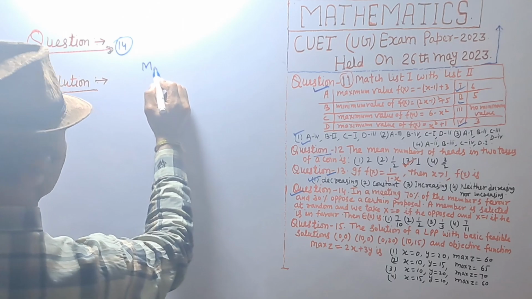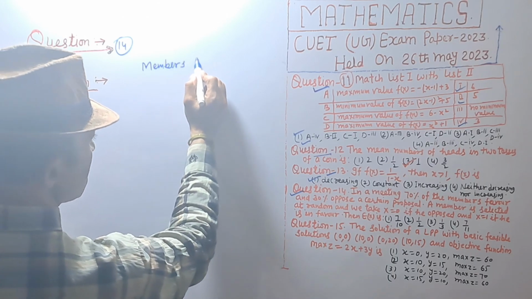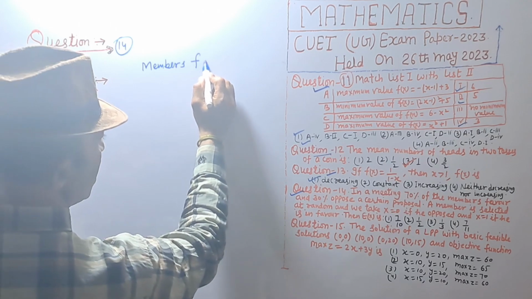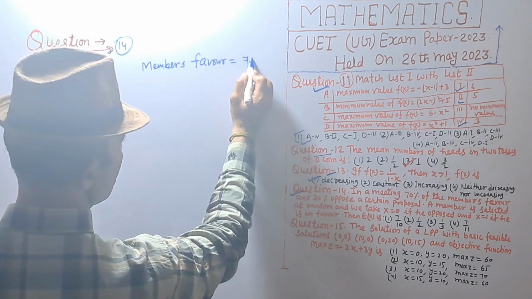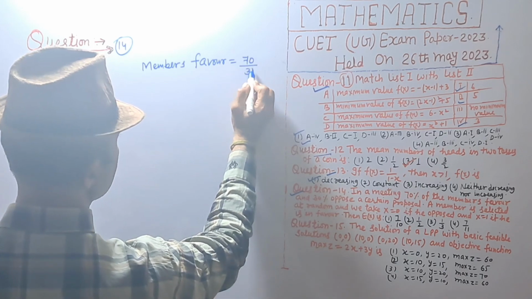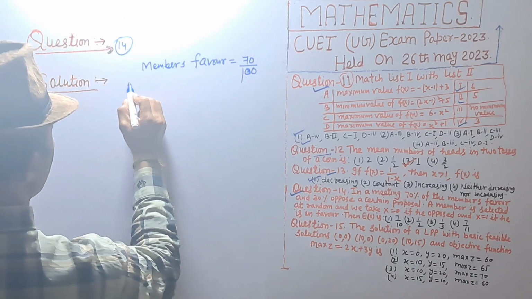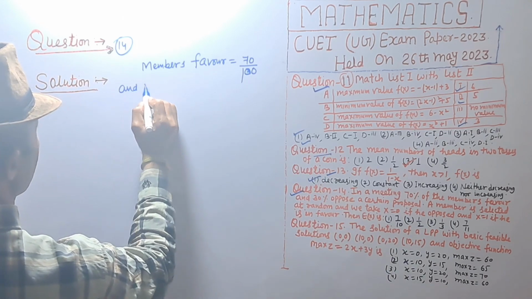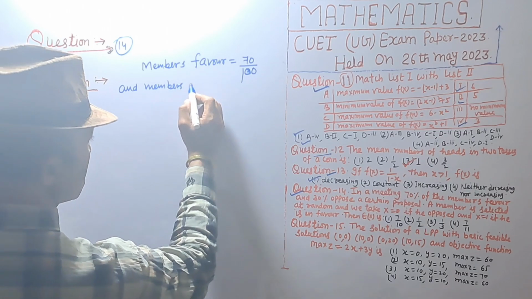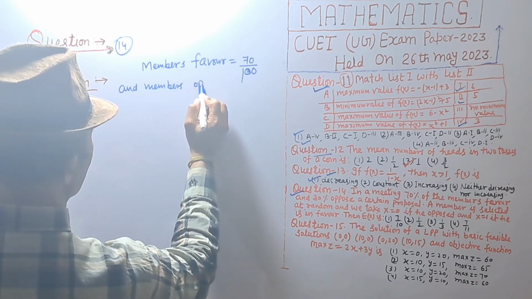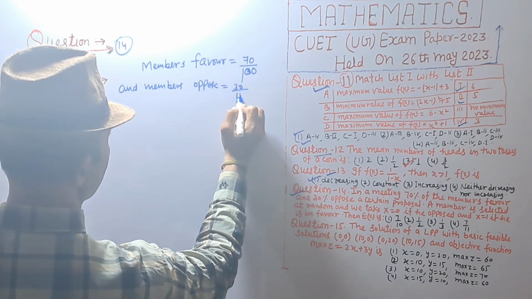Members in favor is equal to 70%, and members who oppose 30%.